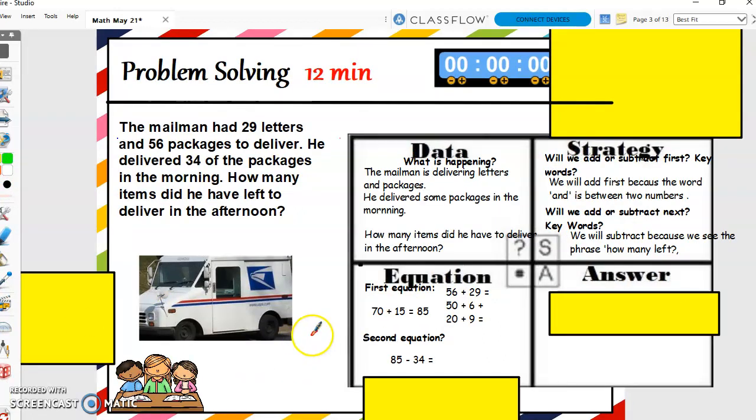So we would put 85 minus 34 and put an equal sign. And I'm going to go back over here and just type this in as we go through and we subtract it.